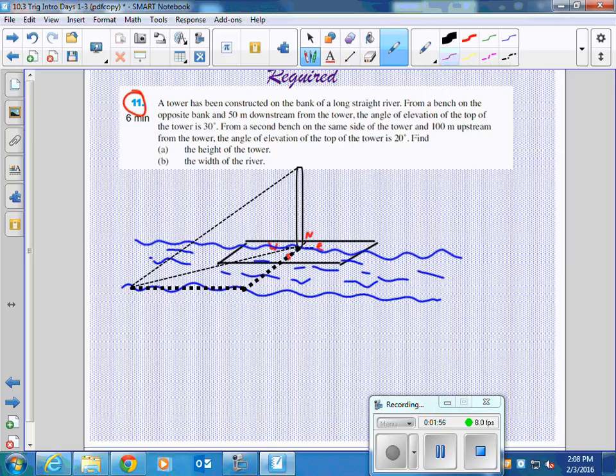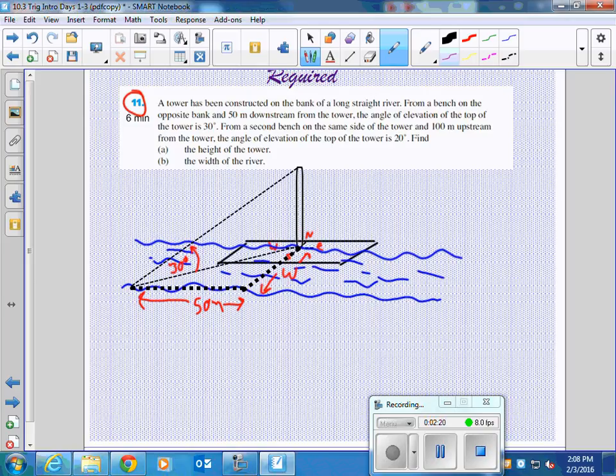Now let's put some measurements in here. This is the width of the stream. This is your 50 meters downstream. And this angle is 30. From the bottom to the top, that's the angle of elevation.